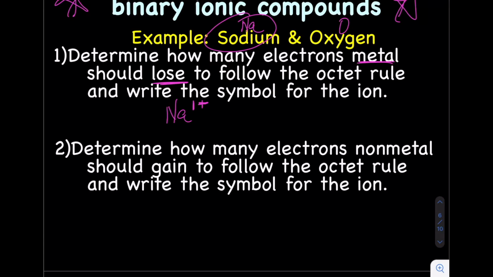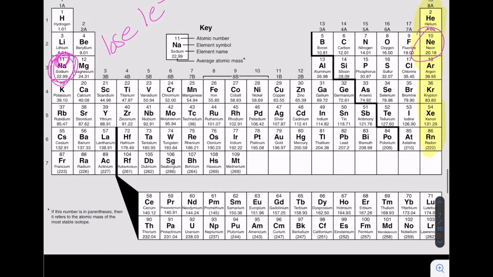Step 2, determine how many electrons the nonmetal should gain to follow the octet rule and write the symbol for the ion. So in our example, oxygen is the nonmetal. So let's check that one out. Here is oxygen.